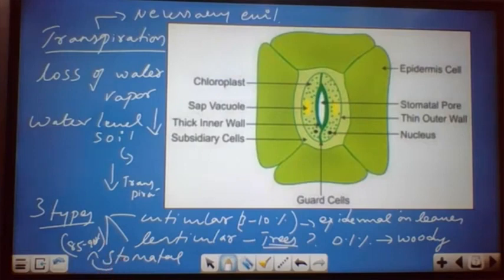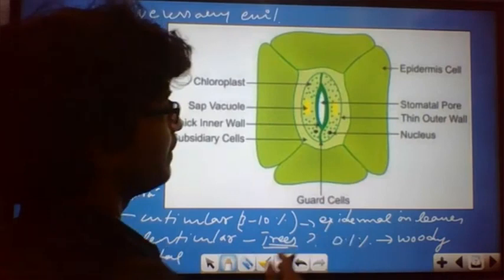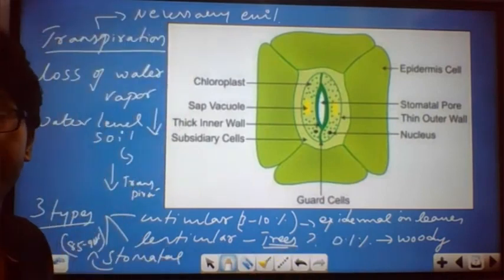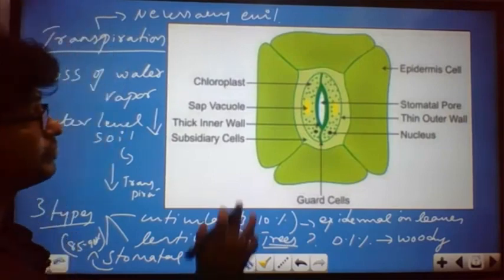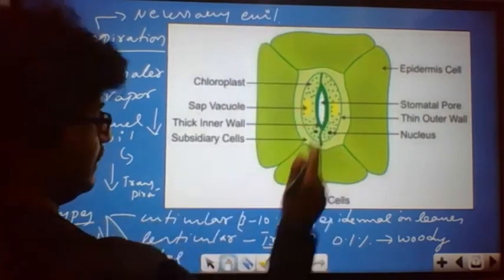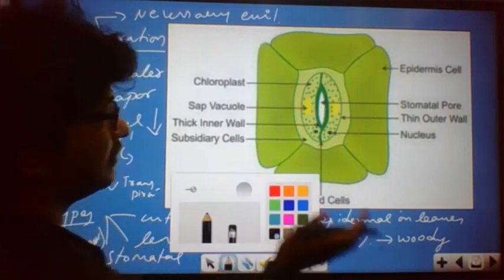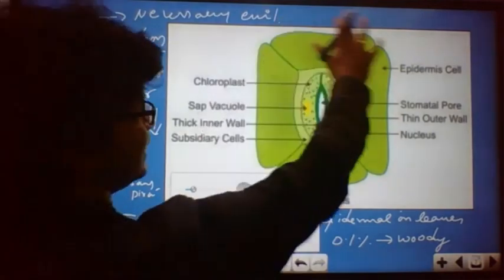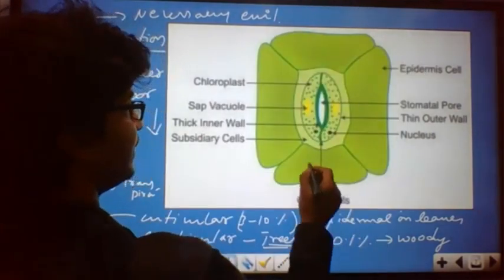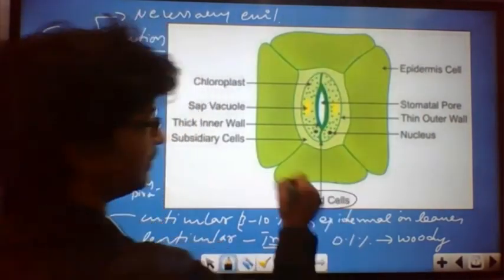Coming to the structure of the stomata, how it opens and closes, this is a very basic concept you have been studying since the lower classes. There is a difference in stomatal structure between monocots and dicots, but in the general structure you can see two types of cells accompanying the stomata.